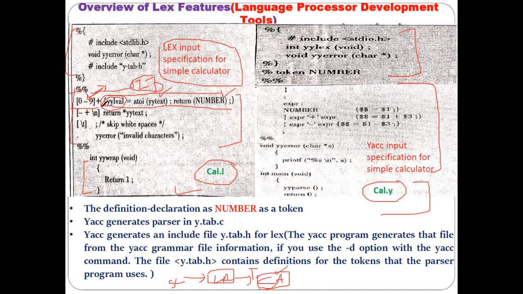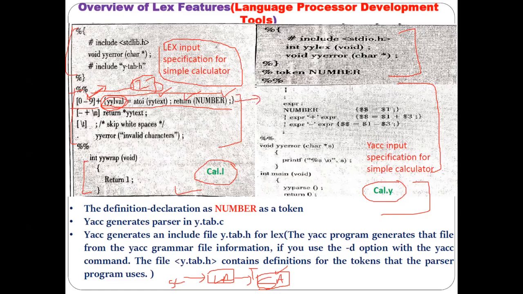That is then returned as a NUMBER token to the syntax analyzer, that is, to the yacc program.